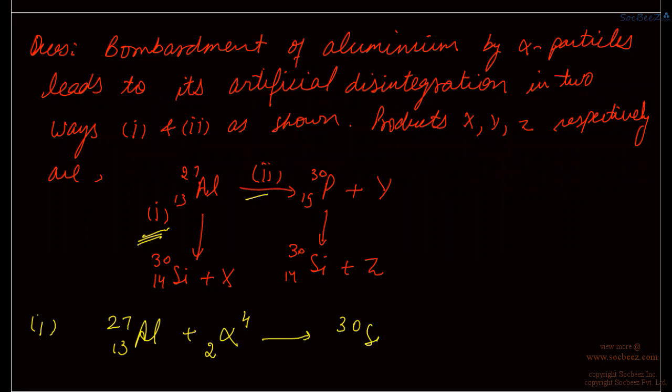This undergoes a change to silicon 14, so in order to balance the atomic masses, there should be 1 as atomic mass, and to balance atomic number, here also it should be 1. So this proton is our X. Therefore X equals 1p1, that is, proton.